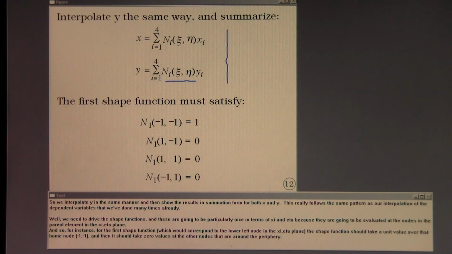And so, for instance, for the first shape function, which would correspond to the lower left node in the ξ η plane, the shape function should take a unit value over that home node, -1, -1, and then it should take 0 values at the other nodes that are around the periphery.